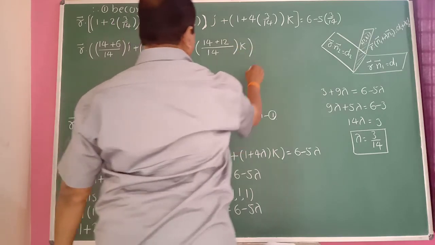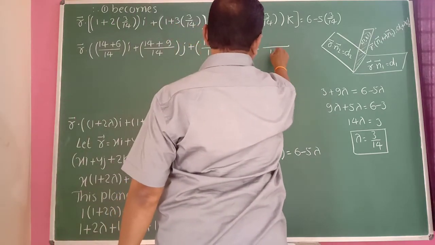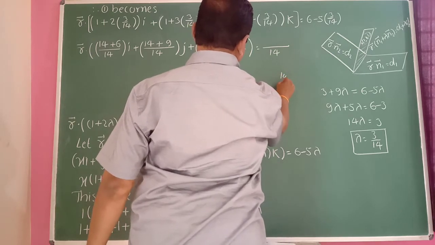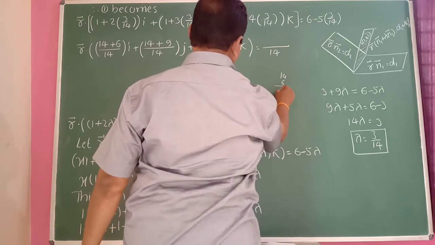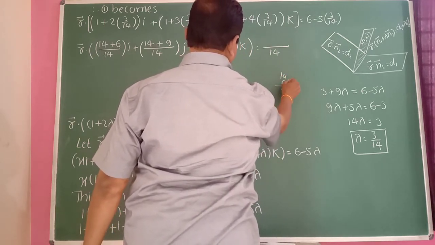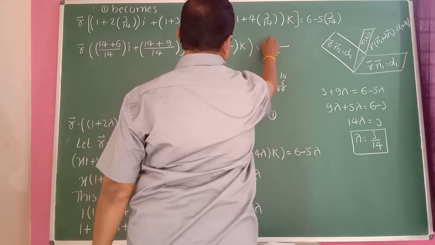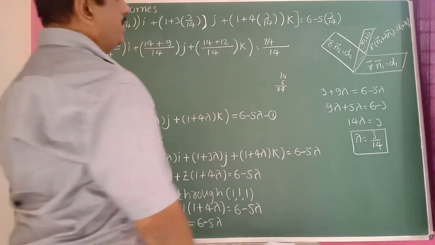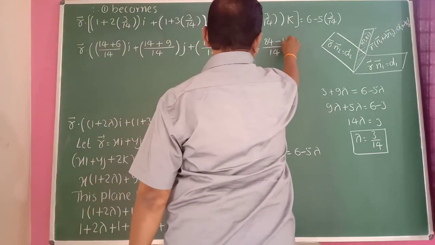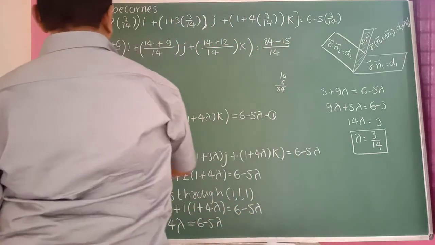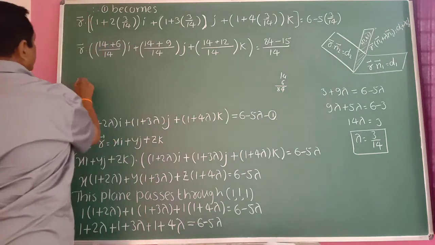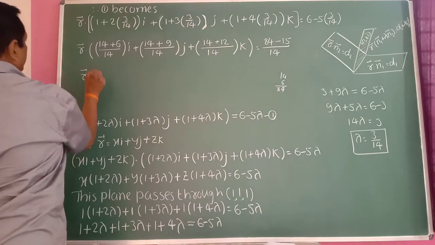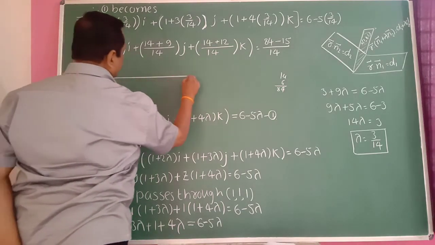That is equal to 14 LCM: 14 into 6 is 84, minus 5 threes are 15. In this bracket again 14 is the LCM, so write 14 in the denominator.